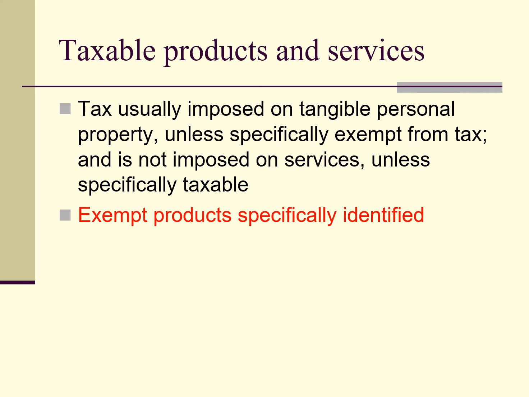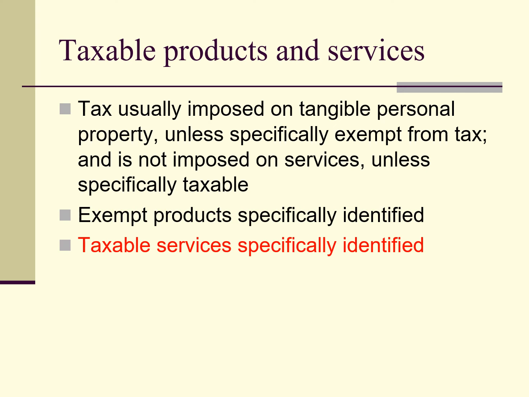Most state codes are written so that all tangible personal property is taxable unless specifically exempted. Exempt property can include, for example, medicine and food. Most state codes are written so that services are not taxable unless specifically designated as taxable.